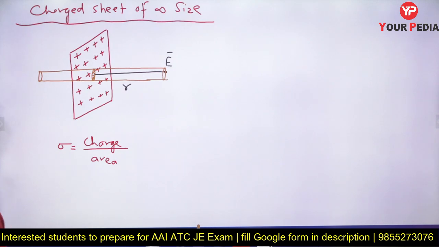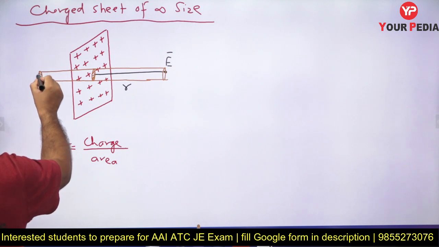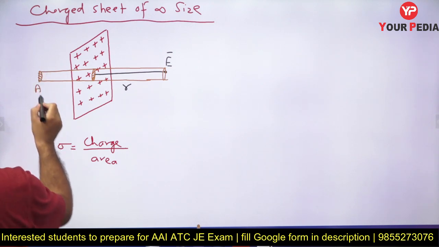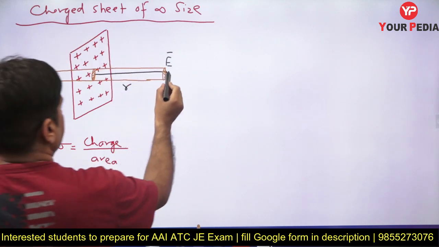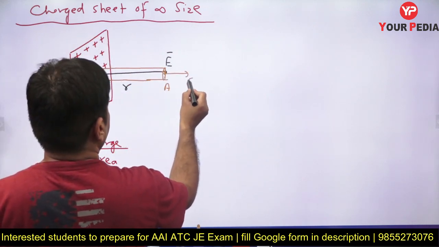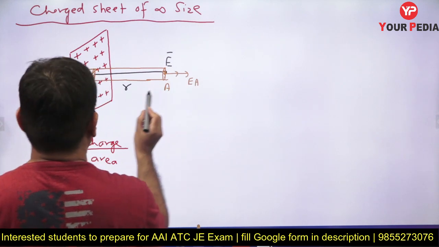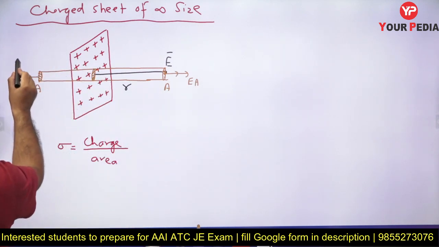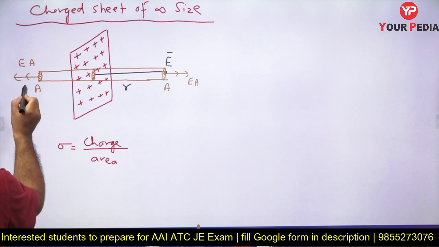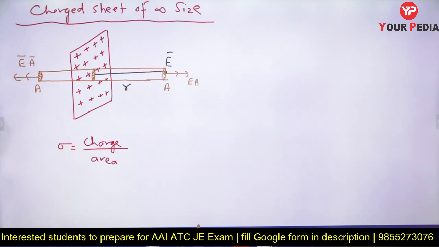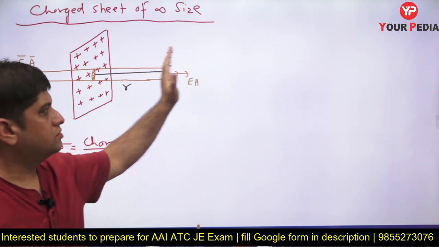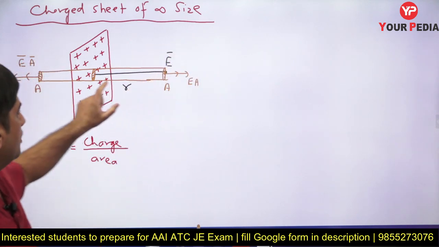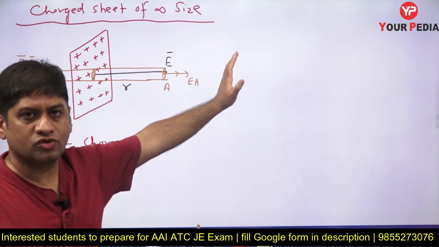The Gaussian surface here is of cylindrical shape. Now this cylindrical shape has three areas: this area, this cross section area, and the curvilinear area. Now if you see, electric field and area vector are in the same direction. Look at this carefully. The area vector is perpendicular to the surface, so the area vector is this side, and because it is a positive charge, the electric field is also this side.